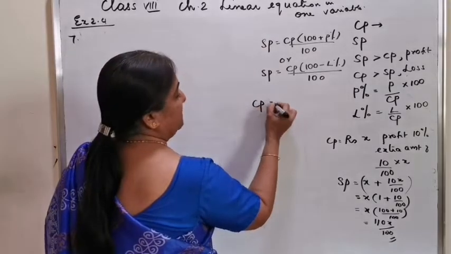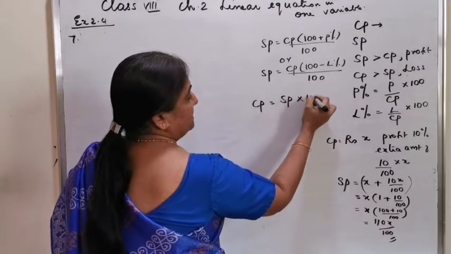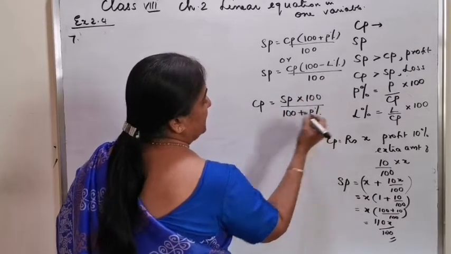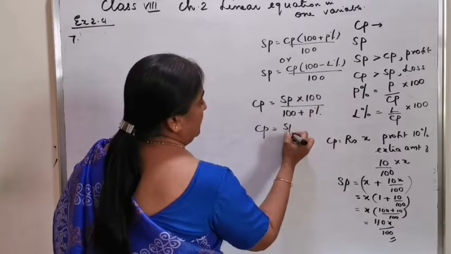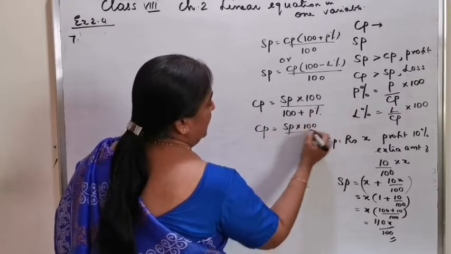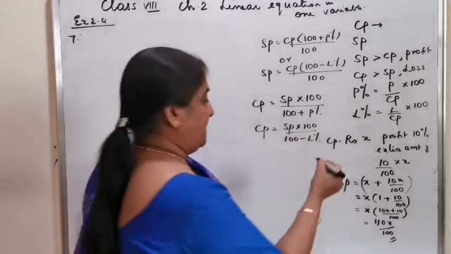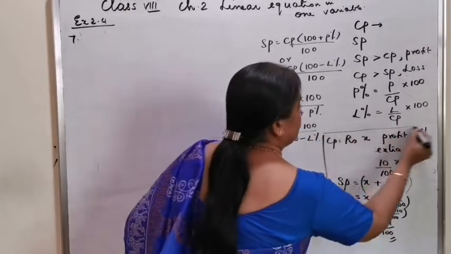Similarly, CP is equal to SP into 100 by 100 plus profit percent, or CP is equal to SP into 100 by 100 minus loss percent. The same explanation can be taken.